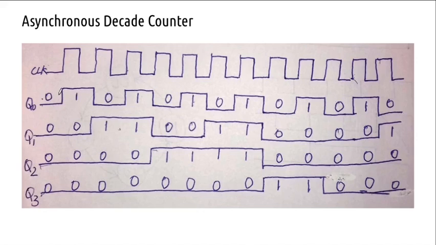Same logic: Q0 is toggling at all clock pulses, the flip-flop 0, then flip-flop 1 is toggling at the positive edge of Q0 bar, so that means the negative edge of Q0. Same logic applies.